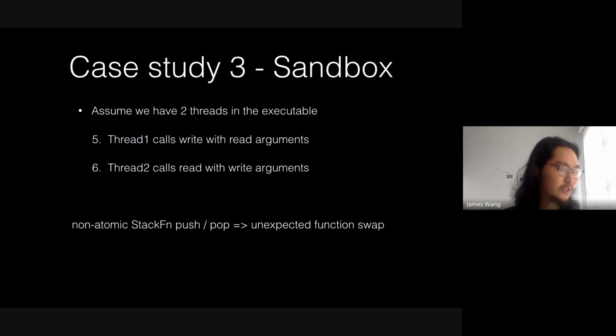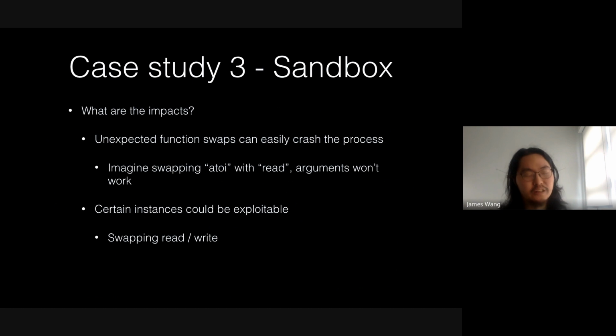That is not only a problem for the sandboxing itself, it's a problem for the original program. You can imagine that if we swap two functions across two threads for an arbitrary program, there's a high chance that the program would just crash. And if we're even more unlucky, the swap will probably result in something that is exploitable, like the read and write swap here.